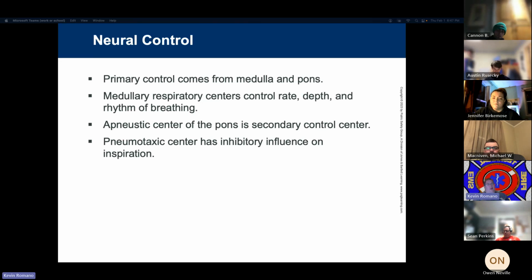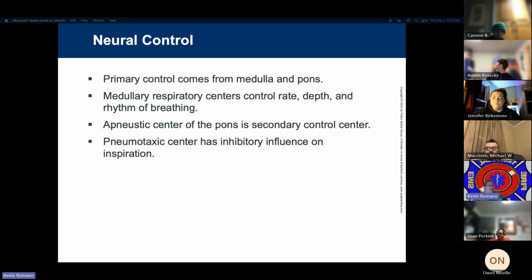Medullary respiratory centers control the rate, the depth, and the rhythm of breathing, with a negative feedback interaction with the pons. The apneustic center of the pons is a secondary control center if the medulla fails to initiate respiration.